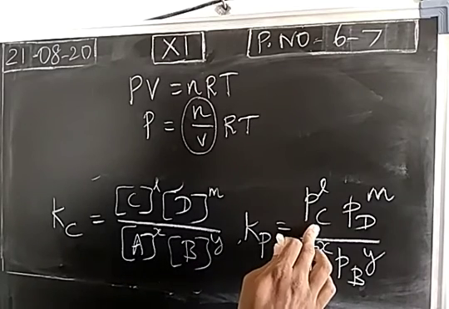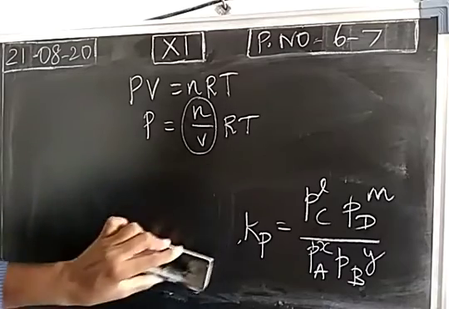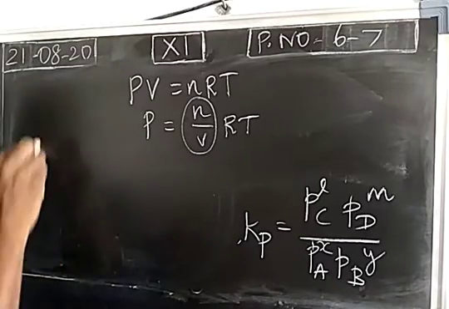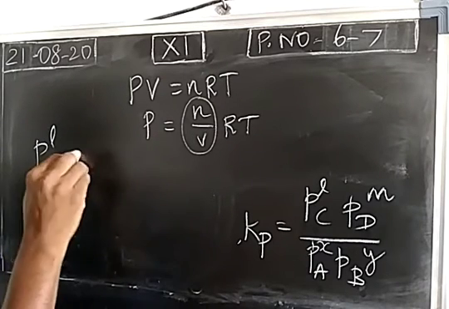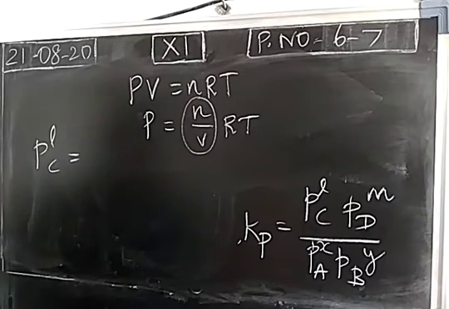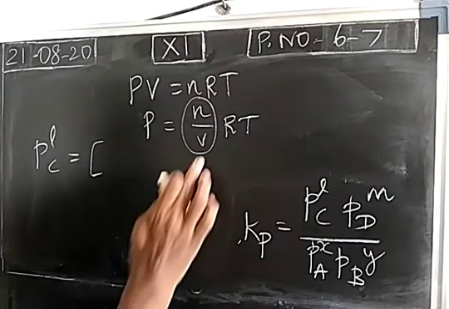Partial pressure of product C to the power L can be written as follows.